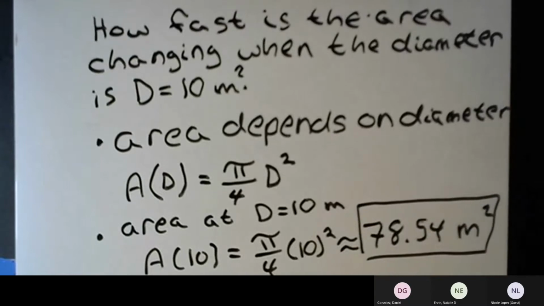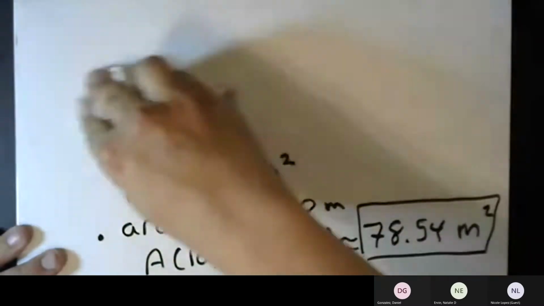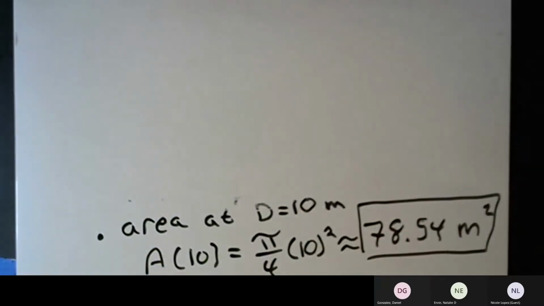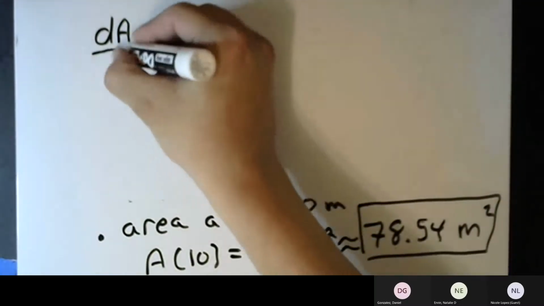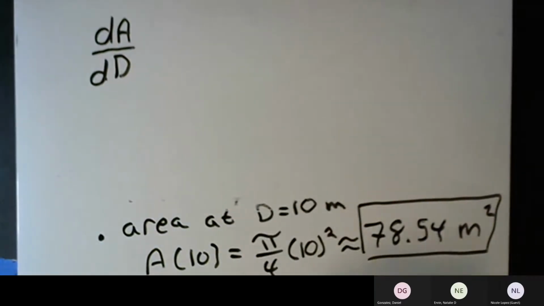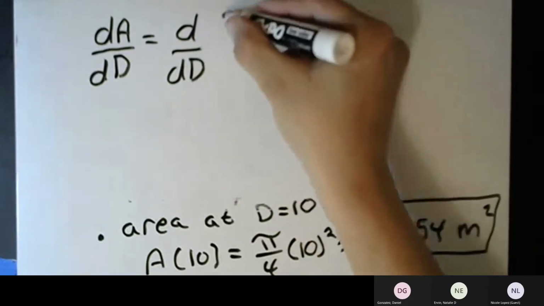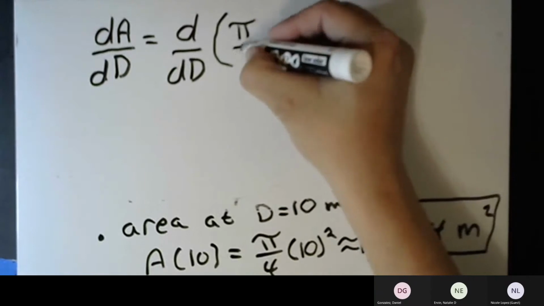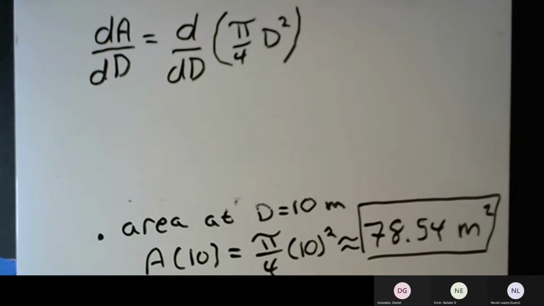But that's actually not what we're looking for in this problem. When the diameter is 10, when the area is this size, how fast is this area changing? And for us, it's going to be expanding. So to answer that question, we're going to compute dA, d diameter. And so that's going to be the derivative of that function.